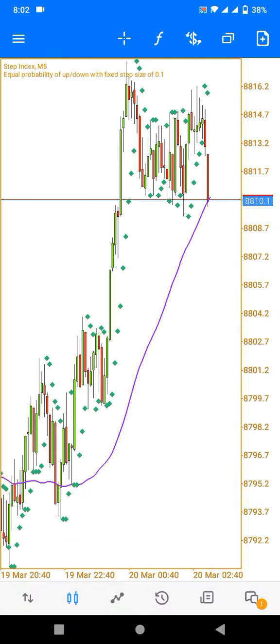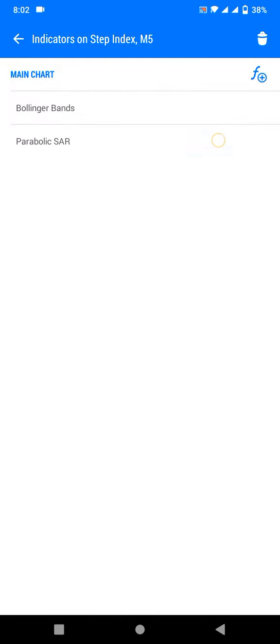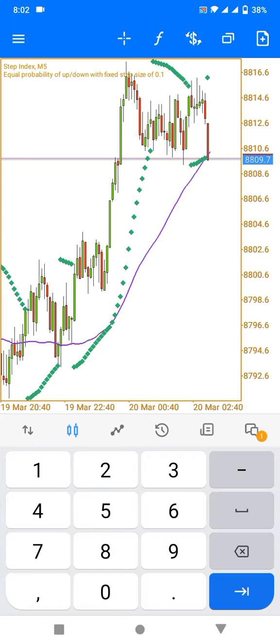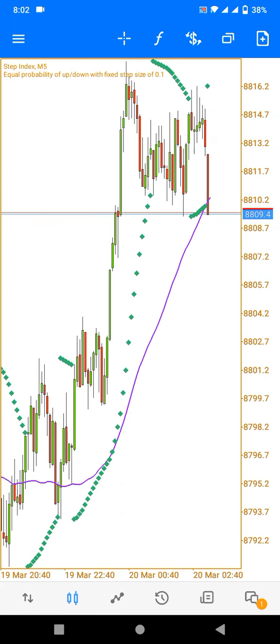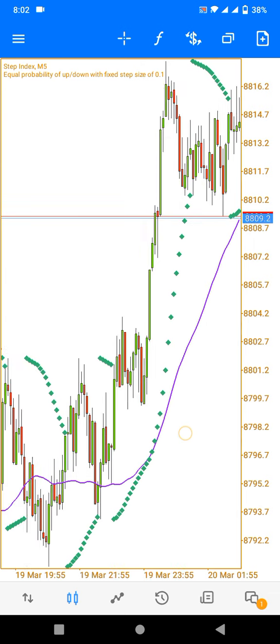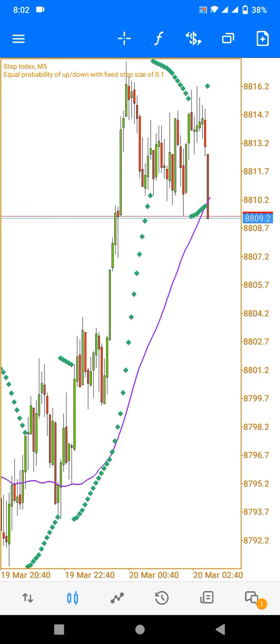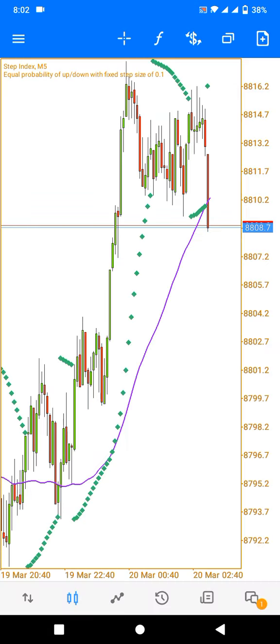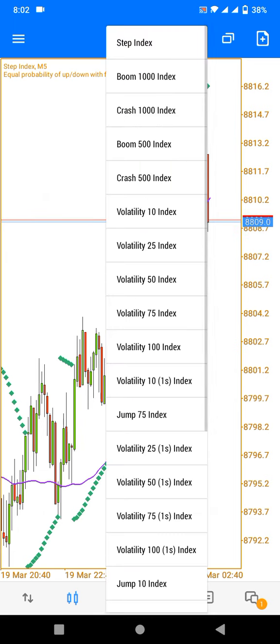Let's click on done. And now the setting of this strategy is almost done. If you want to use parabolic SAR, you can. If you don't wish to, you can remove it easily. The main focus is Bollinger Bands.